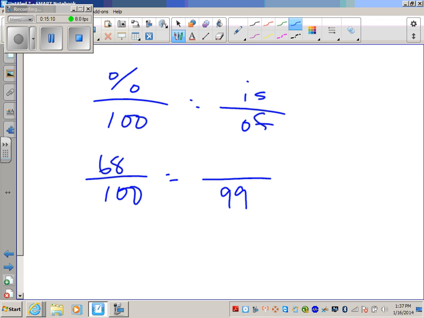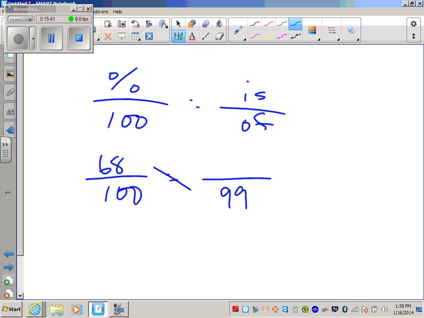What do you notice about this one just by looking at it? 68 and 99. What's the relationship between them? There's no relationship with multiplying or dividing necessarily. But are they close to each other as far as value? Really close. So if they're really close, what are you going to notice about the 68 and what's missing? They're also going to be really close.